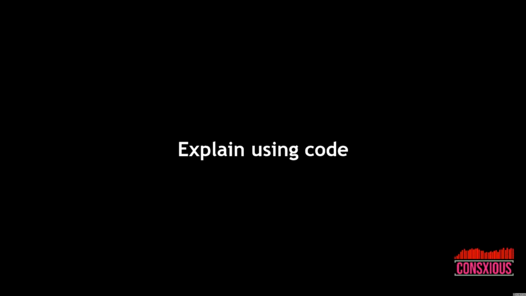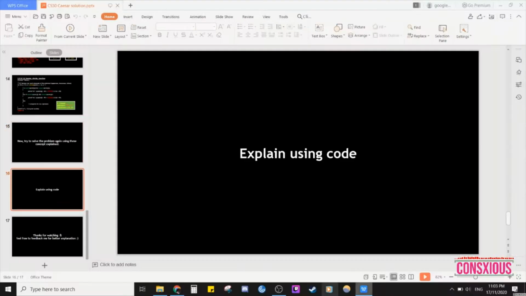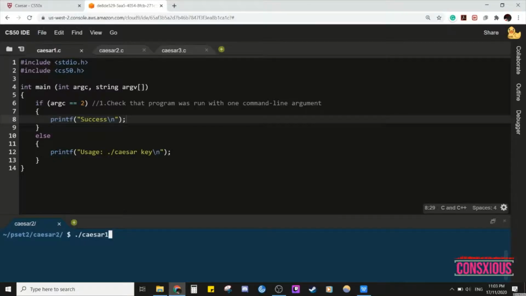Okay, welcome back. Now I'm going to explain the solution using the code. The solution will be divided into sections as we just explained. First, we're going to include stdio.h, cs50.h, argc, argv.